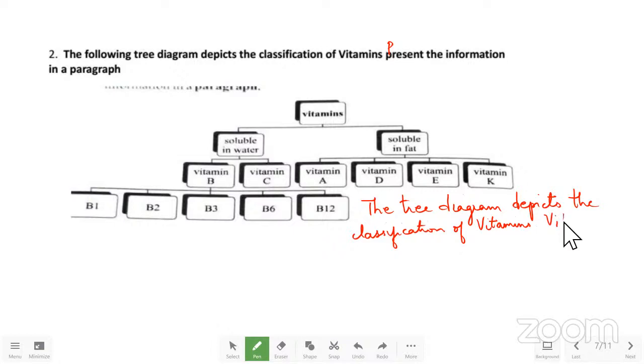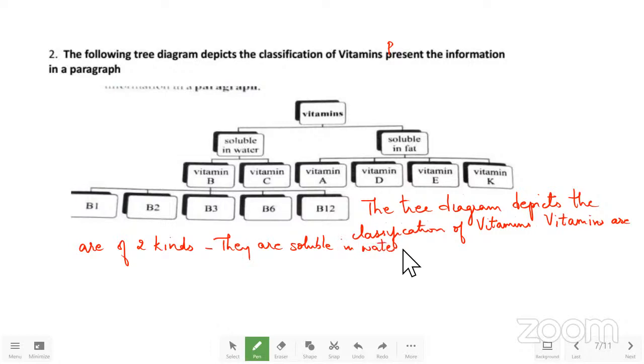Vitamins are of 2 kinds. What are they? They are soluble in water, and soluble in fats.